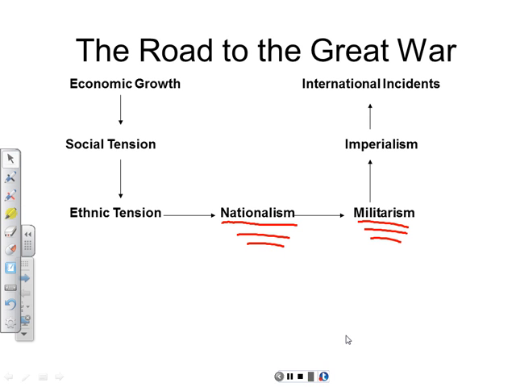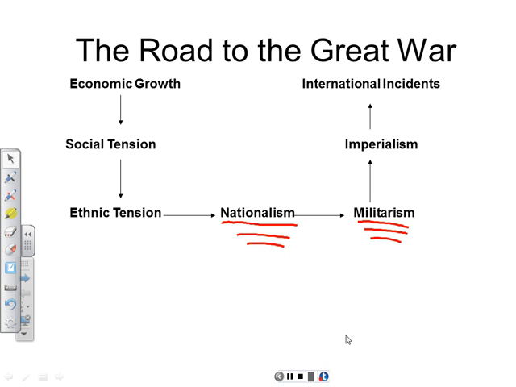And we also see the development of military alliances, where the great nations of Europe would form alliances with other nations against a common enemy. So by the time you get to 1914, you had a situation where Europe was an armed camp. You had two competing alliances pitted against one another. So you had a very, very tense situation going on.